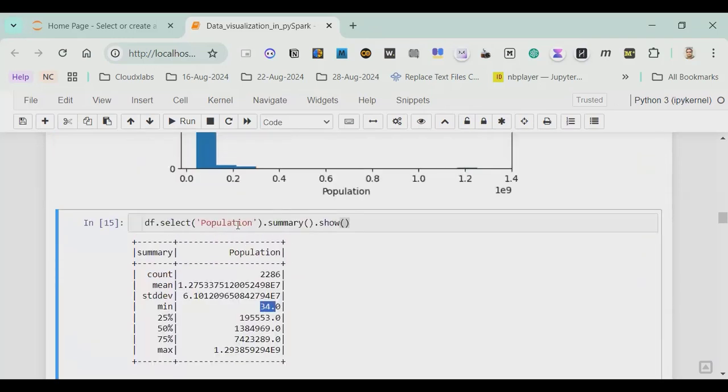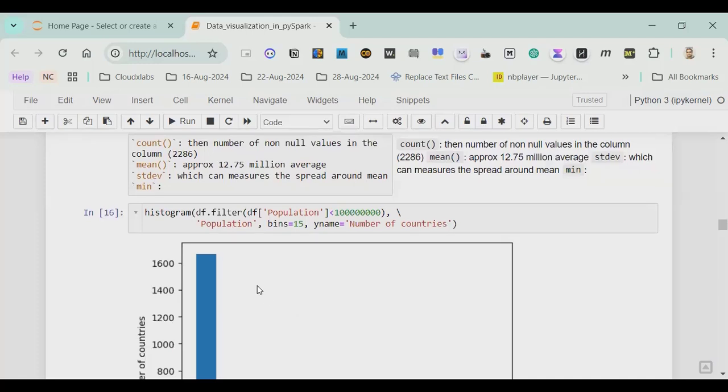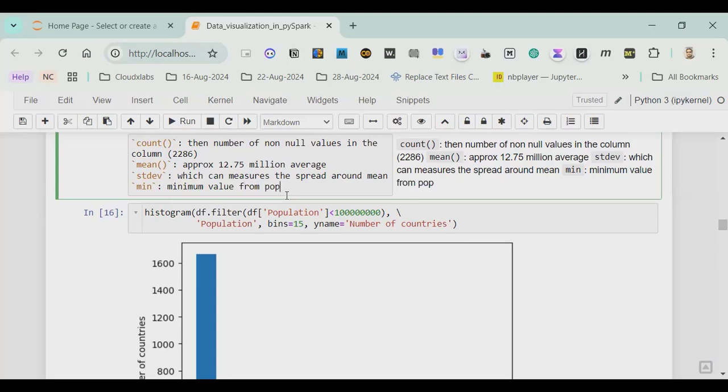So the lowest population we got here is 34. That is the minimum value from the population.